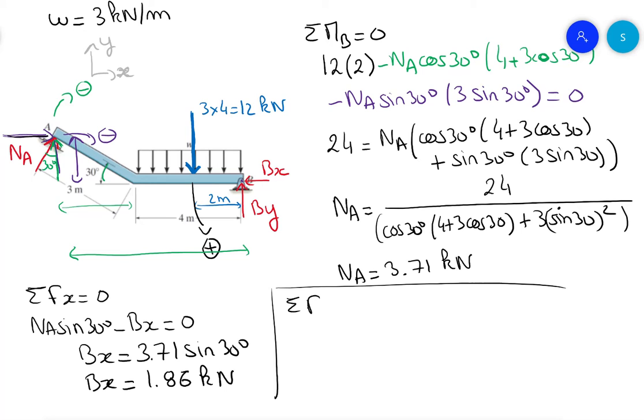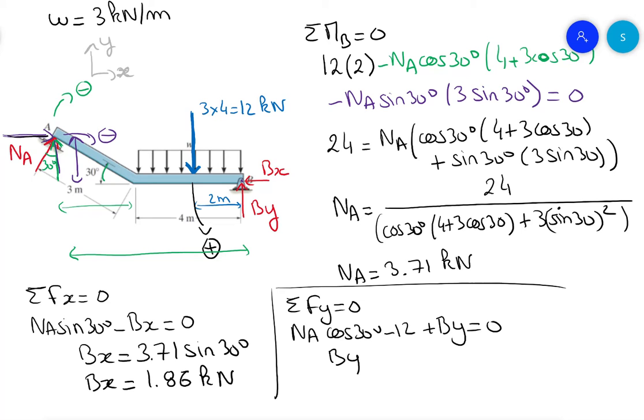And we will use the force on the y. So sum of the force on the y equals 0 for BY. So we have NA cosine 30 for the green component minus 12, the distributed load, plus BY is equal to 0.